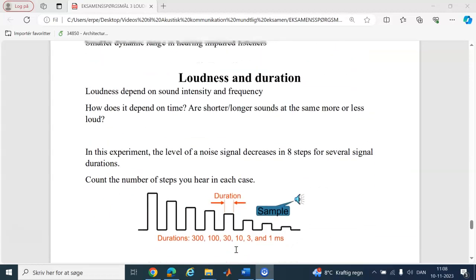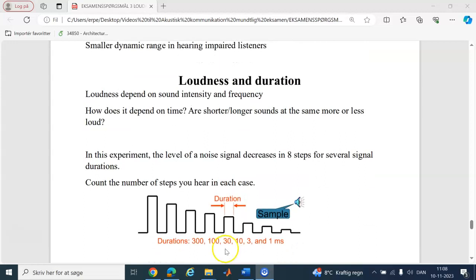Loudness and duration. Loudness depends on sound intensity and frequency. So how does it depend on time?